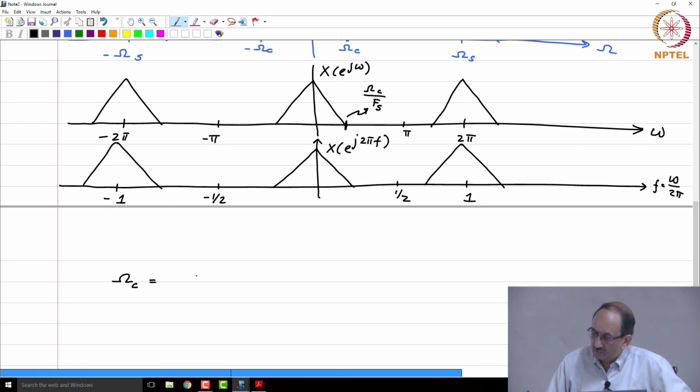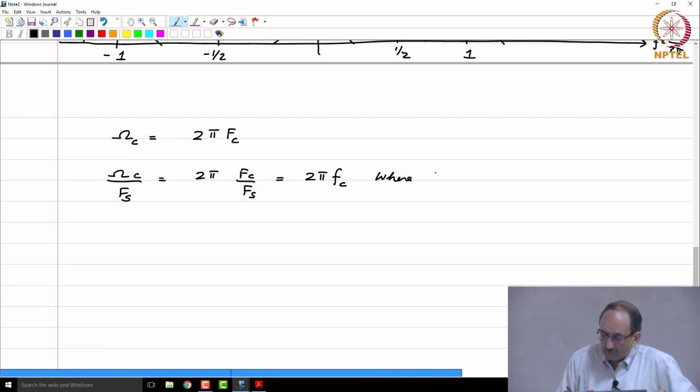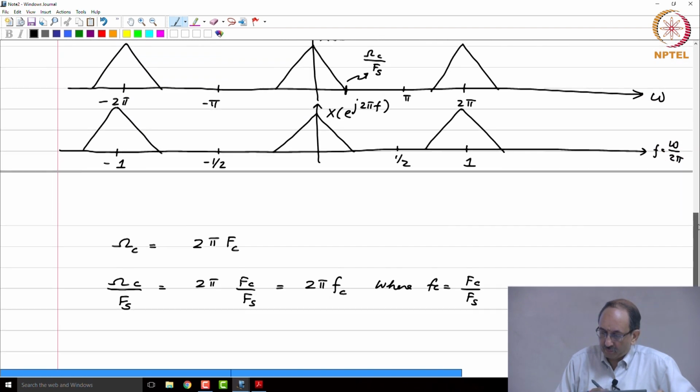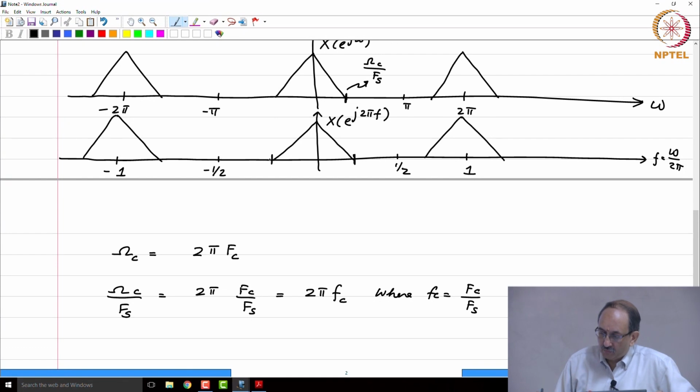Note that omega c is 2 pi fc, and hence omega c by fs is 2 pi fc by fs, and this can be written as 2 pi times little fc, where little fc is cap Fc by cap Fs, and hence if your independent axis is little f rather than little omega, and they are related by a scale factor of 2 pi, therefore this becomes plus or minus little fc.